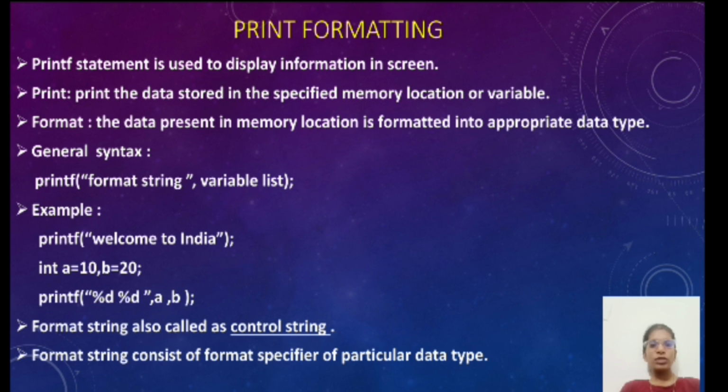When we use the int data type, we use percentage d as the symbolic notation for int data type, percentage c is the symbolic notation for character data type, and percentage s is the symbolic notation for string data type, and a comma b are the variables.